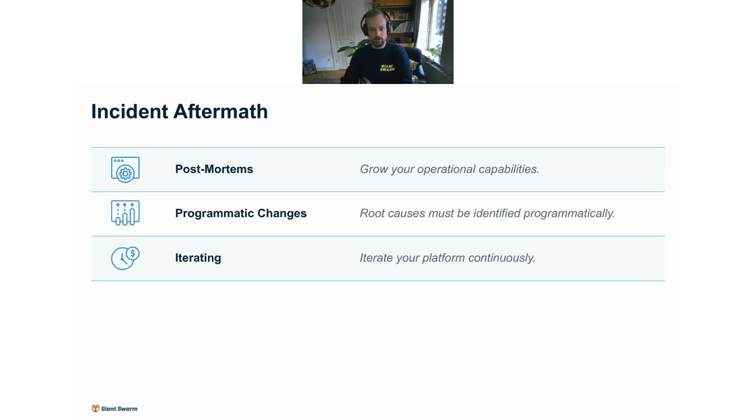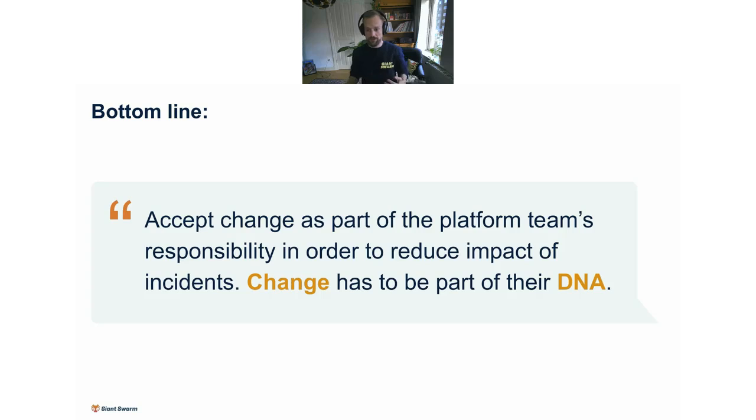That's the worst case scenario, because you can avoid it. So the bottom line is that for your platform DNA, for your Kubernetes platform DNA, you have to accept that change is always a part of the platform team's responsibility in order to reduce impact and incidents. Change has to be part of the DNA.